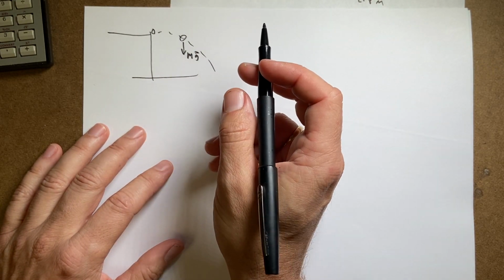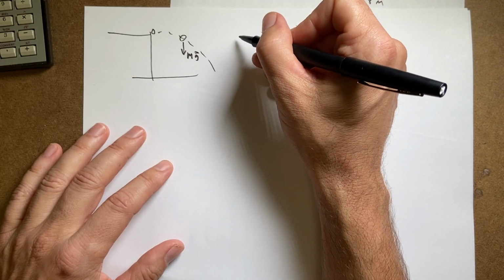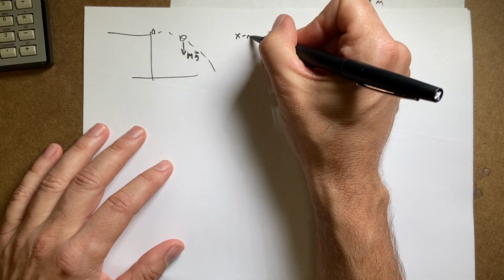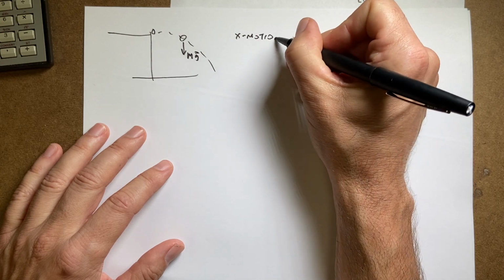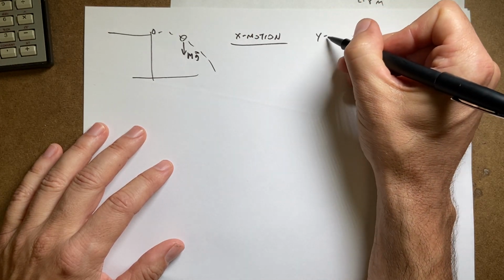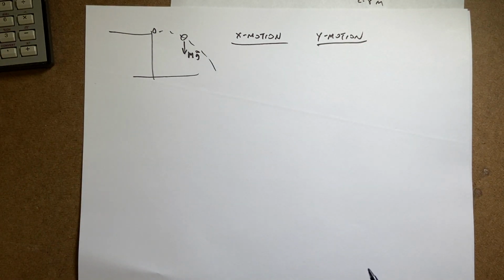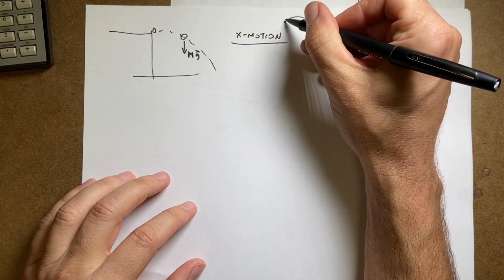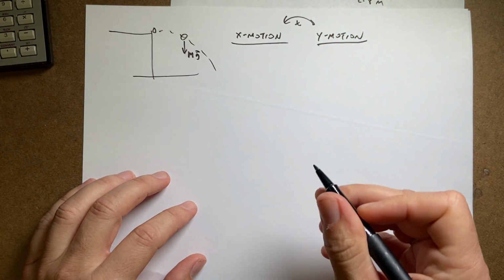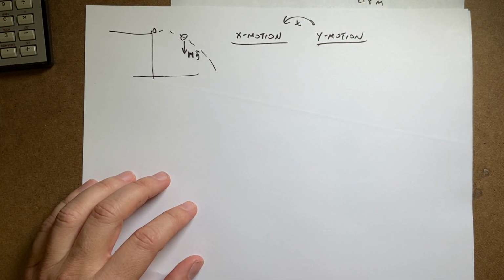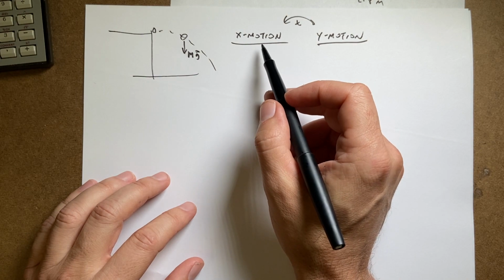The key thing here is that we actually have two one-dimensional problems: an x motion problem and a y motion problem. These are independent motions except for time. The time it takes to do this is the same as the time it takes to do that. So let's write down everything we know about the x motion problem.